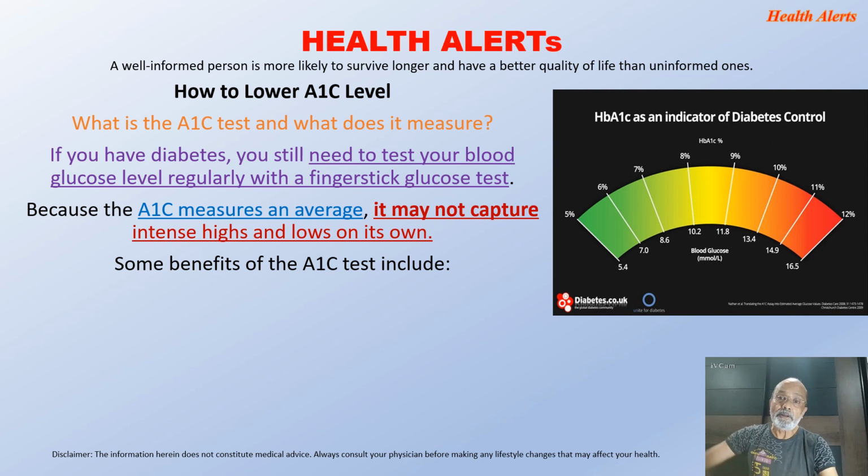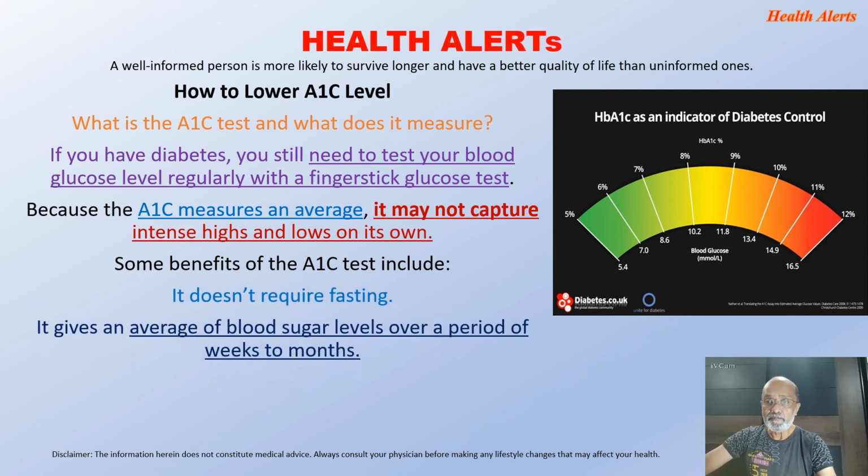Some benefits, however, of the A1C test include that it doesn't require fasting. It gives an average of blood sugar level over a period of weeks to months. And in fact, doctors rely a lot on this HbA1c level nowadays to diagnose diabetes and manage it. It can be done at any time of the day.